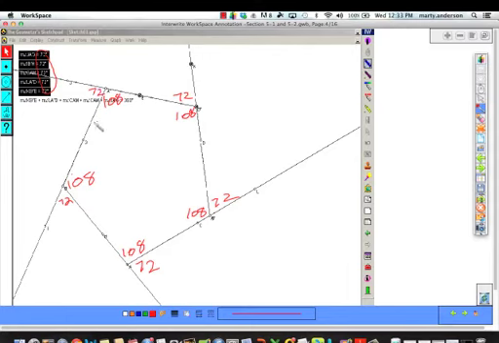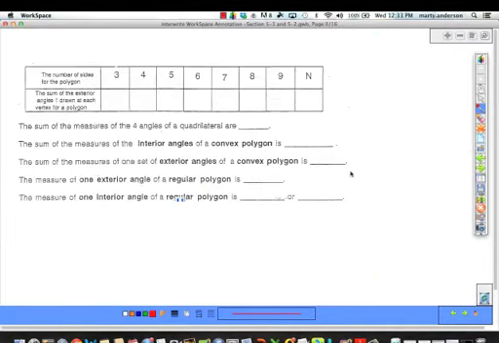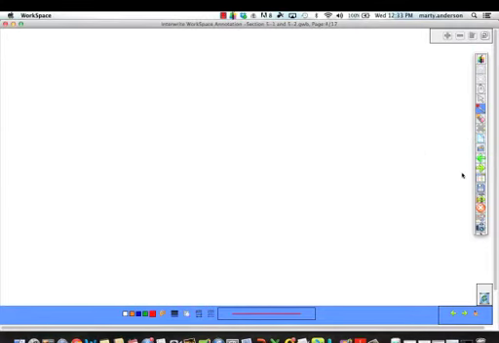So if those are all 72, we have 1, 2, 3, 4, 5 of them that measure 72 degrees, which tells us that the sum of the exterior angles of a regular pentagon is 360 degrees. Well, that was for a pentagon, 360 degrees. Let's take a look at what it might look like with a regular triangle.